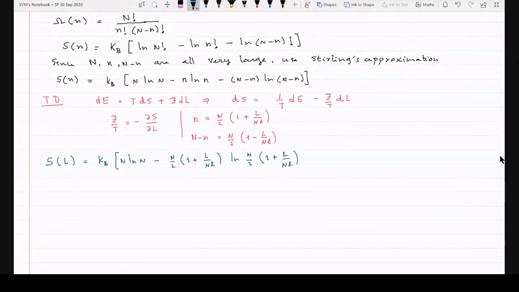This is the first term, minus N by 2 into 1 minus L by NL into logarithm of, this of course is together, N by 2 into 1 minus L by NL.